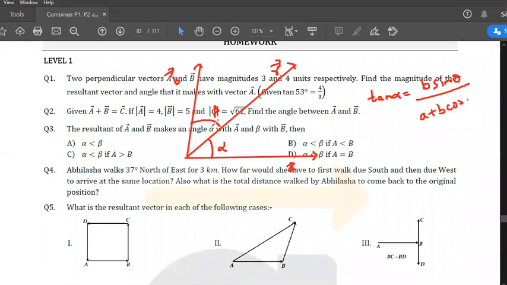Now, if it is making angle beta with B, we will have tan beta is equal to, now we will take A sine theta divided by B plus A cos theta, right? This is the formula that we know.